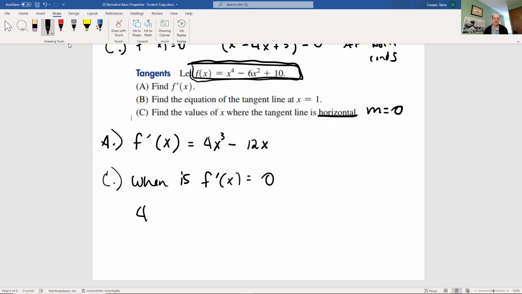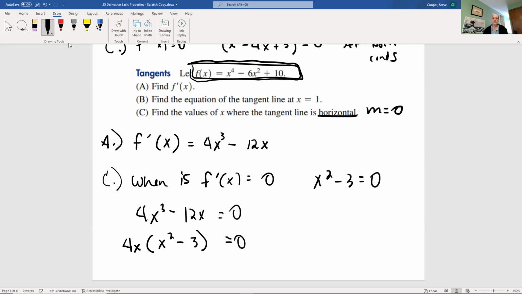So when is 4x cubed minus 12x equals 0? And again, we've got a factor at work here of 4x. So this becomes x squared minus 3. Okay, so when is x squared minus 3 equals 0? Add 3.